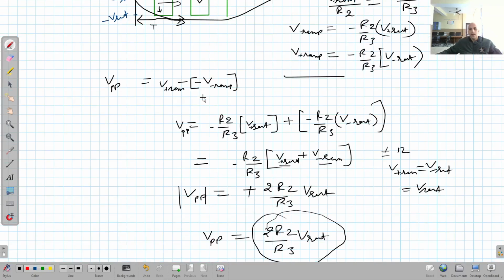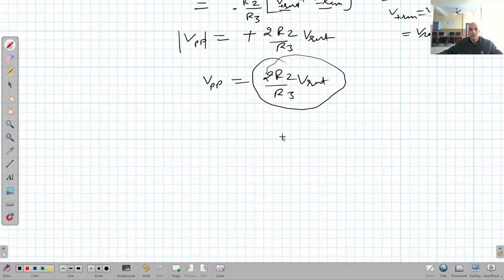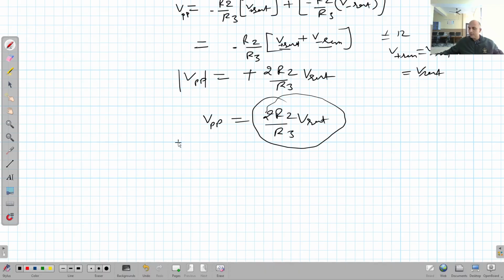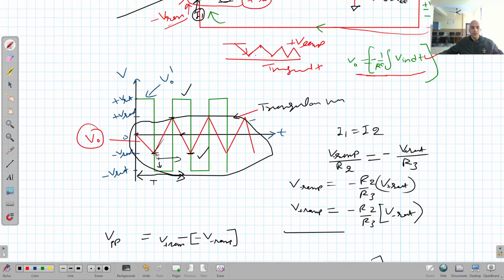Now, we'll find the expression for the frequency. To calculate the frequency of the triangular wave, I will make use of this graph.